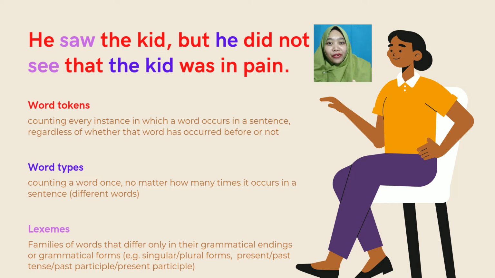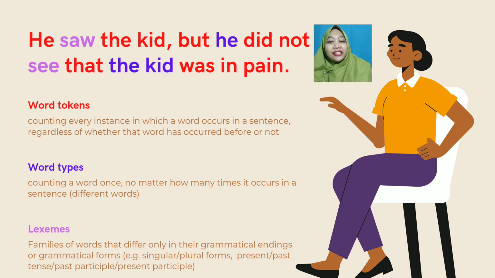But if you are counting the different words, or you count a word once, no matter how many times it occurs in a sentence, it means that you are counting word types. Let us see the example again. If you are counting something like he saw the kid, but he did not see that the kid was in pain, it means that you are counting what type?